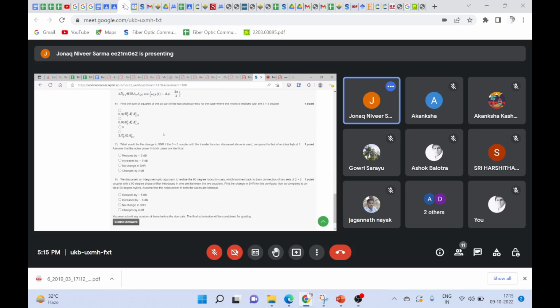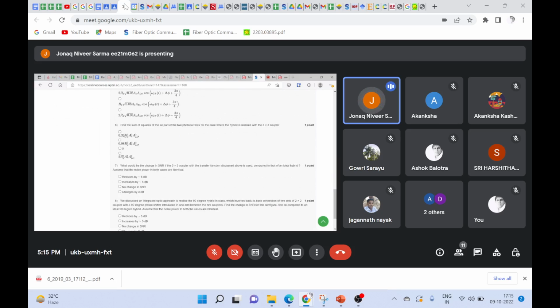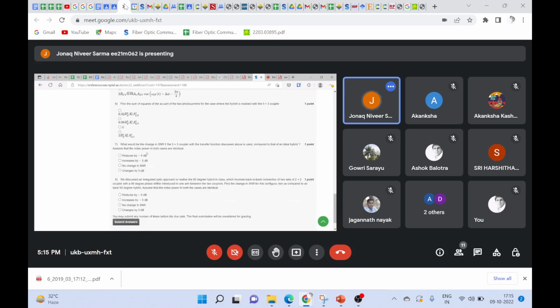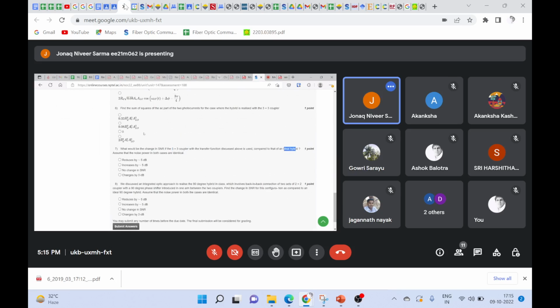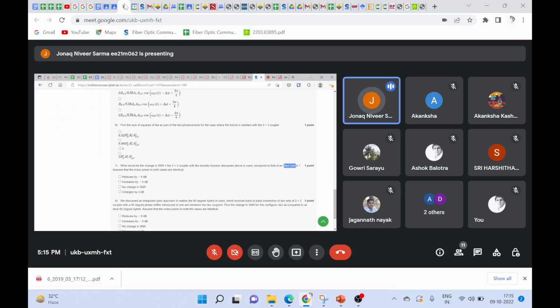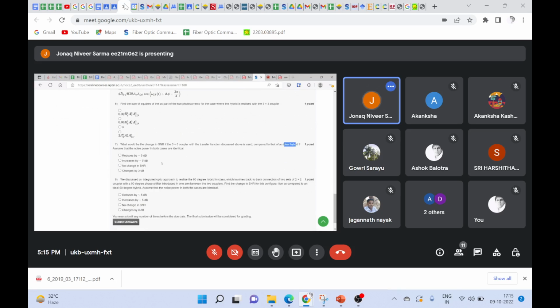For example, you get some expression like this, and you compare this signal power to what would have been the other case. Here we are asking you to compare the 3x3 coupler with the case of the ideal hybrid. Just find the ratio, and here they are asking you to answer the ratio in dB scale.